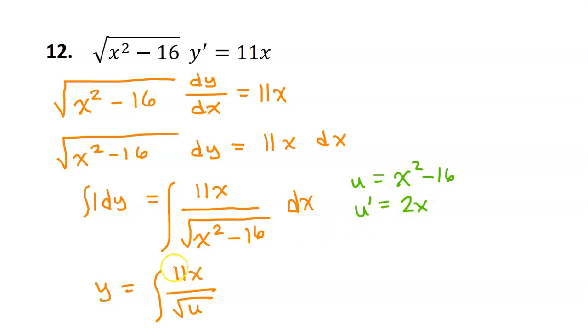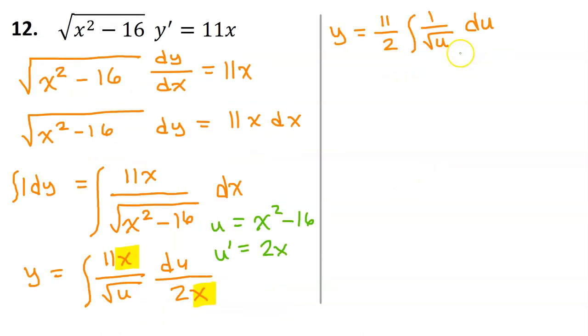Now we have the integral of 11x over the square root of u. Instead of dx, we write du over u prime, which is 2x. We notice that these x's will cancel each other out, and we still have the 11 over 2. So let's put the 11 over 2 way out in the front.